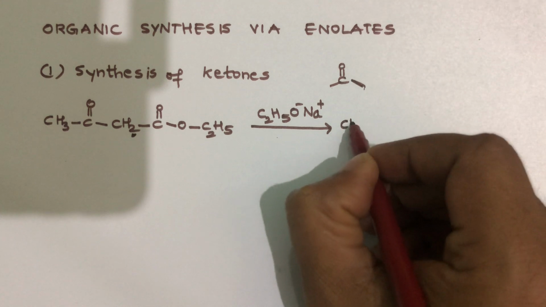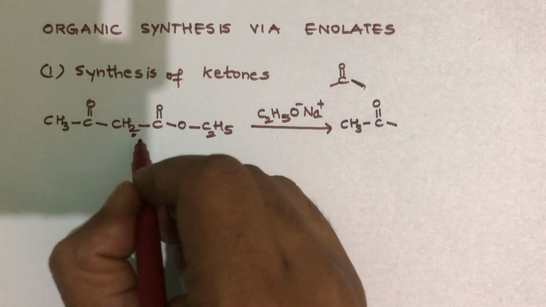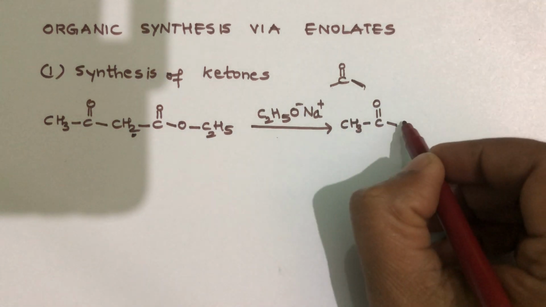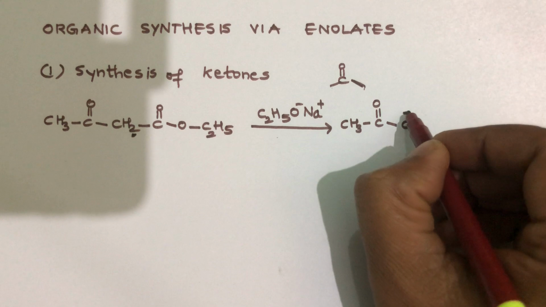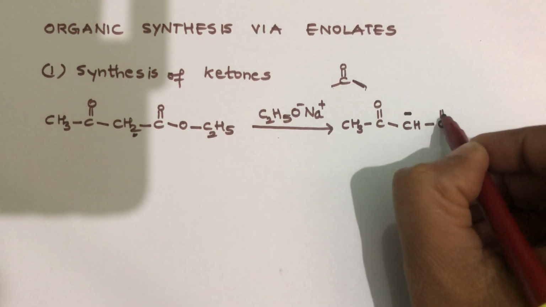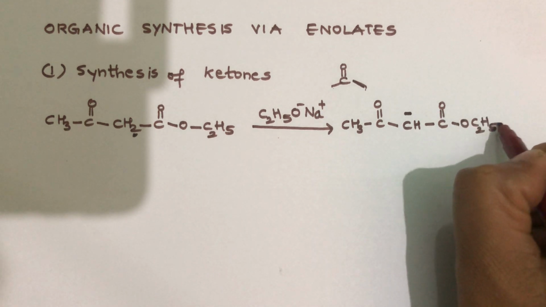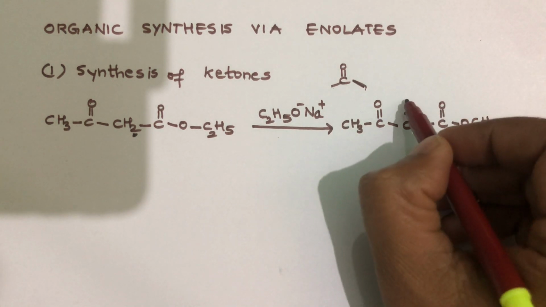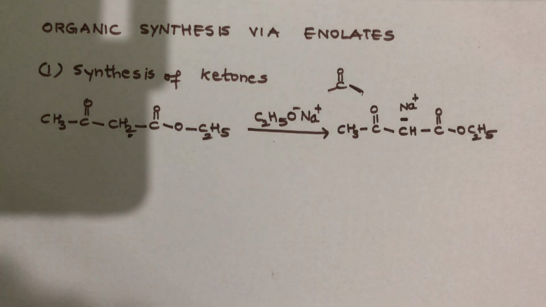I'll write the structure: CH3, C double bond O, CH minus, then C double bond O, O C2H5. The sodium ion neutralizes this, so it will be in the vicinity only. So this is the sodium salt that is obtained.